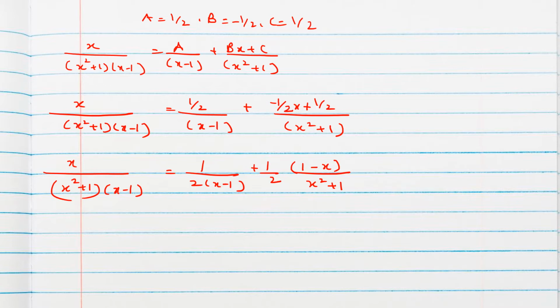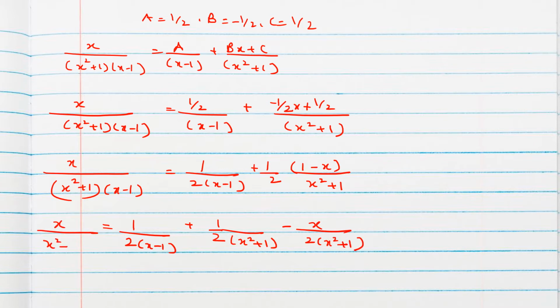So now this second term also we can separate. We can separate the numerator as 1 by x square plus 1 and x by x square plus 1. So 1 by 2(x minus 1), then 1 by 2(x square plus 1), minus x by 2(x square plus 1). Okay. Now after this step we can take the integral, taking integral throughout both sides.